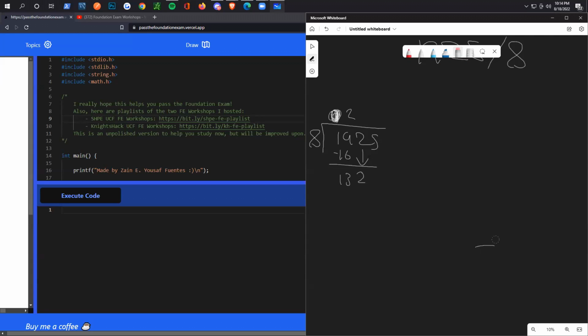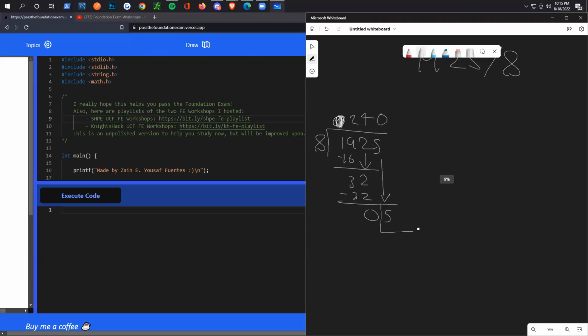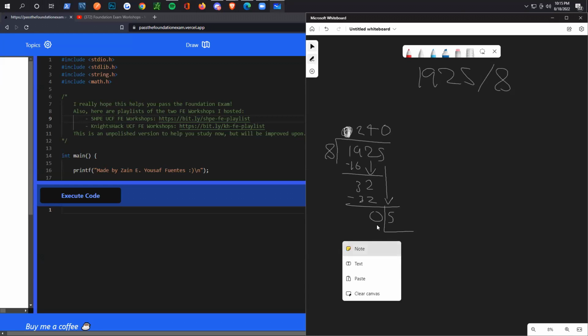Oh, actually, I messed up. I brought down this 1 by accident. It goes in 4 times, my bad. Okay, and then now we have a 5. So now 8 goes into 5 0 times. So we just have 5. And now we're going to store this remainder, because this is what's going to end up building our answer.